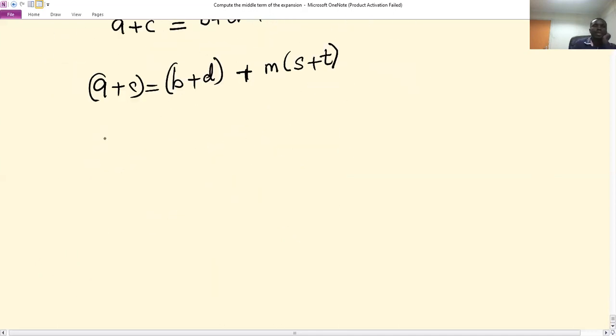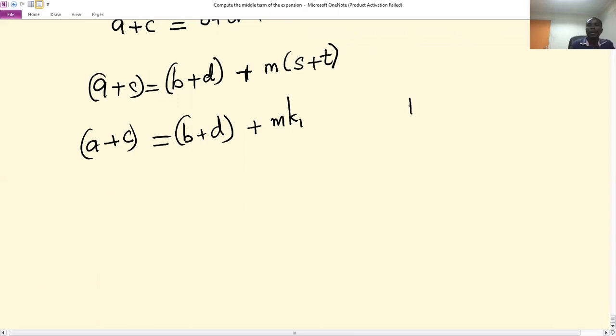Which is the same thing as saying A plus C is equal to B plus D plus M K1, where K1 is an integer, K1 is S plus T.